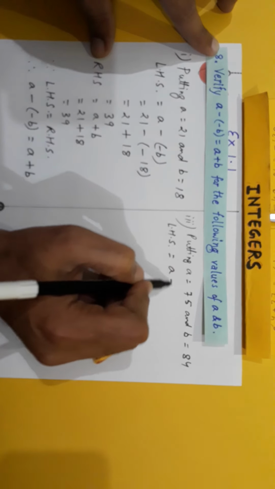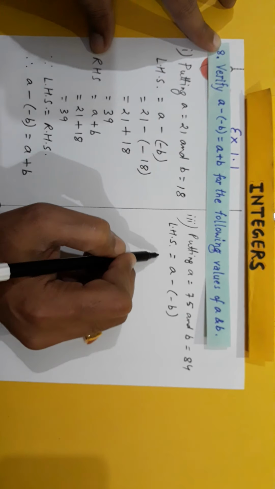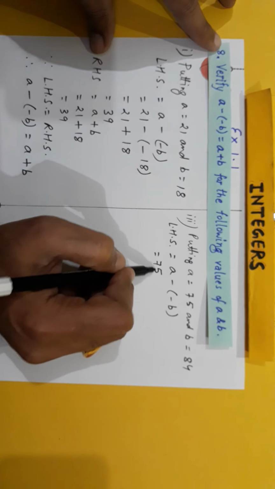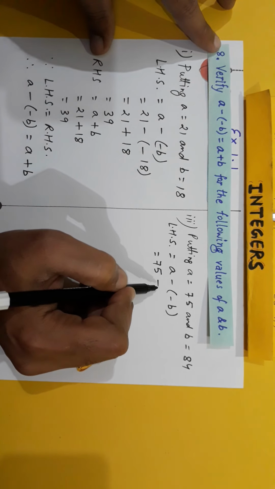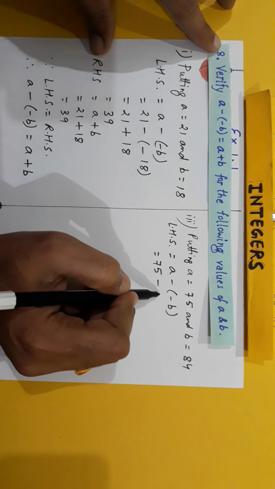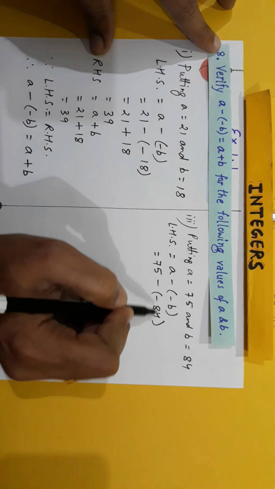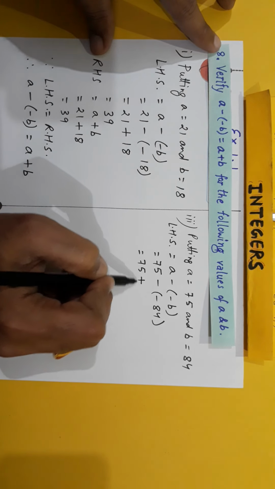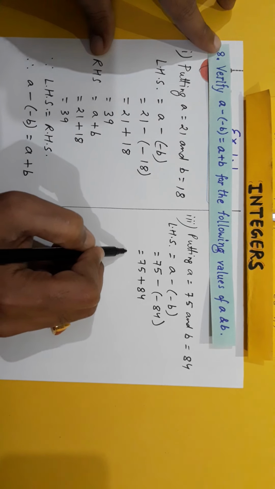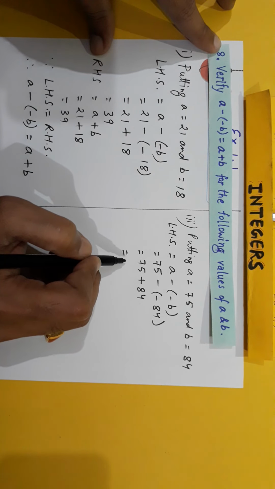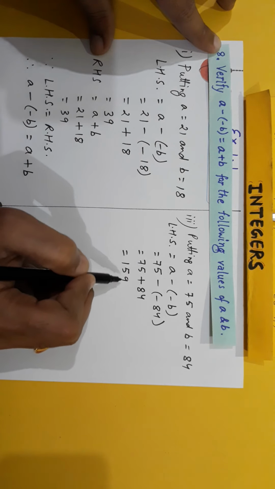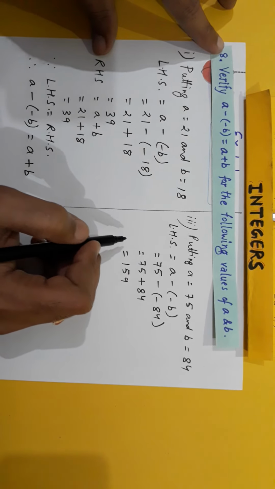In LHS it is a minus minus b. So in place of a I am writing 75 and in place of b I am writing 84. So here what I have is 75 plus 84, and when you add these two you get 159.